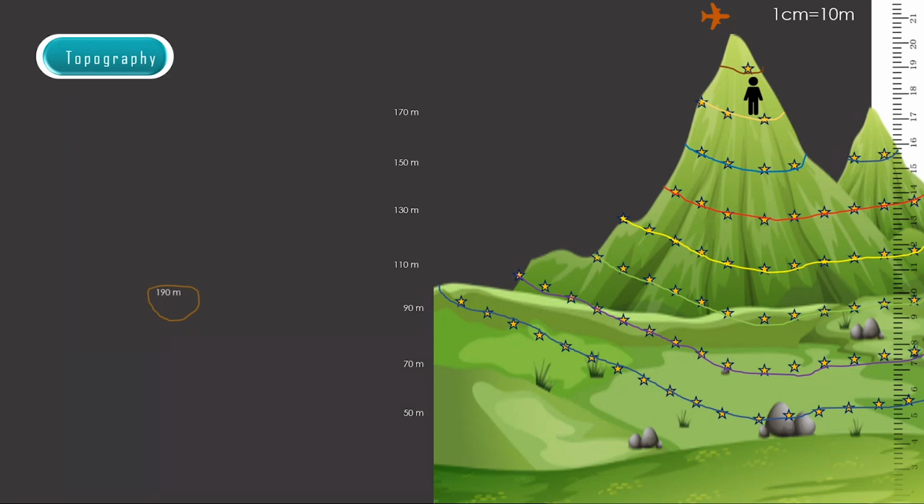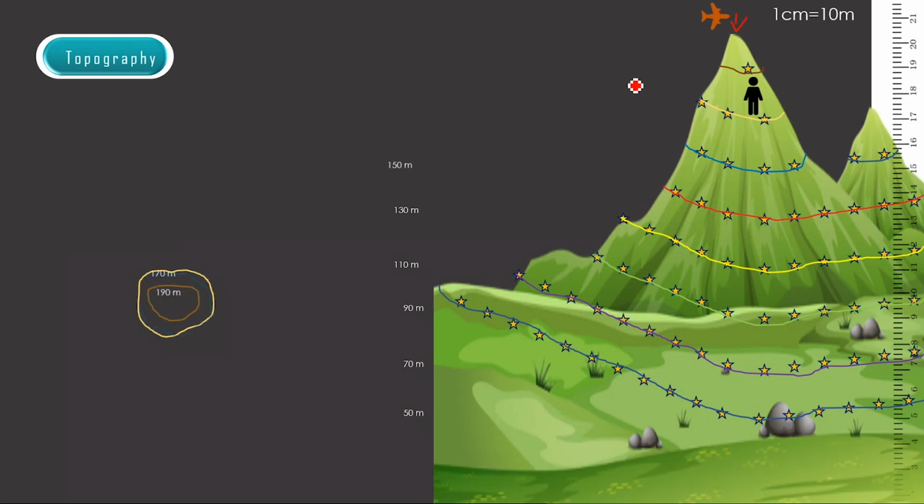Now I will look at the yellow line that represents 170 meter, and if I see that from the top, from the plane, I will see this yellow line that represents 170 meter would be larger than 190 meter. So that would be something like this.